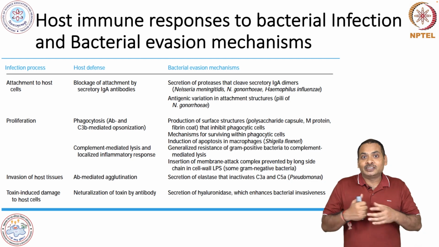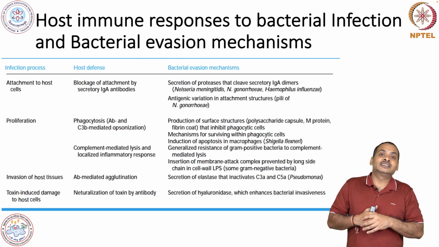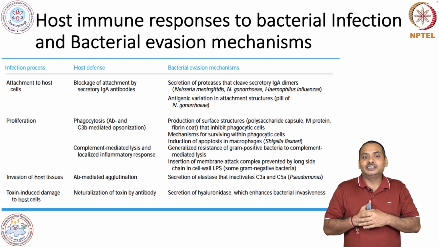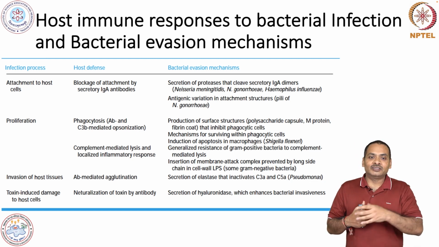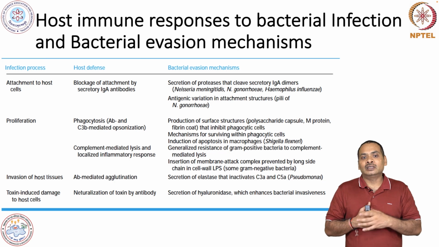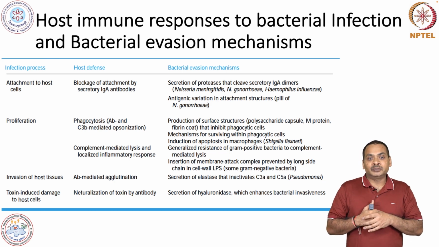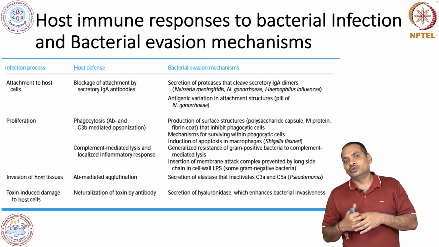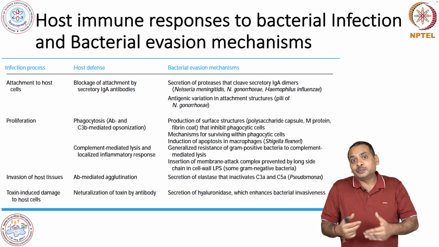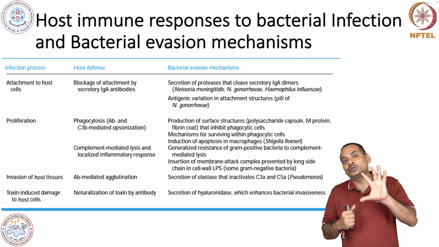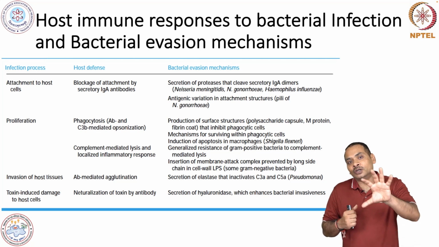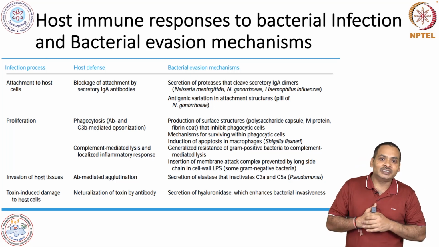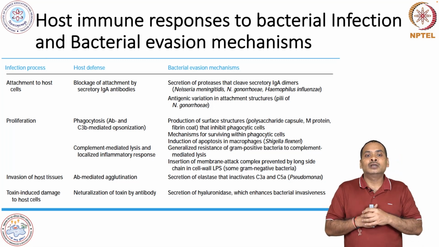They secrete some protease enzyme which can break this IgA, okay, and there are very good examples like Neisseria meningitidis, Neisseria gonorrhoeae, Haemophilus influenzae, okay. So, these bacteria throw out some enzyme in order to break this IgA, and then they can establish the infection. This is one way.